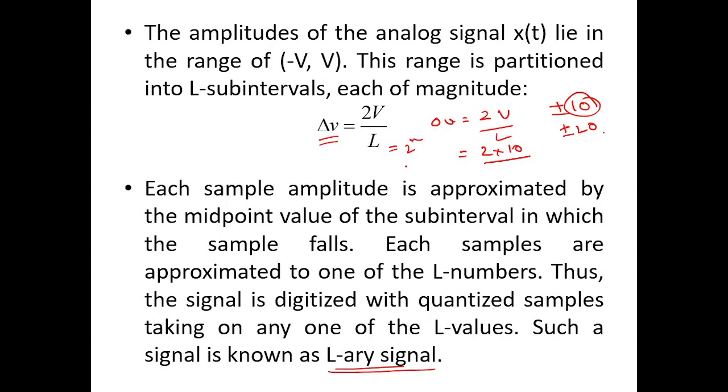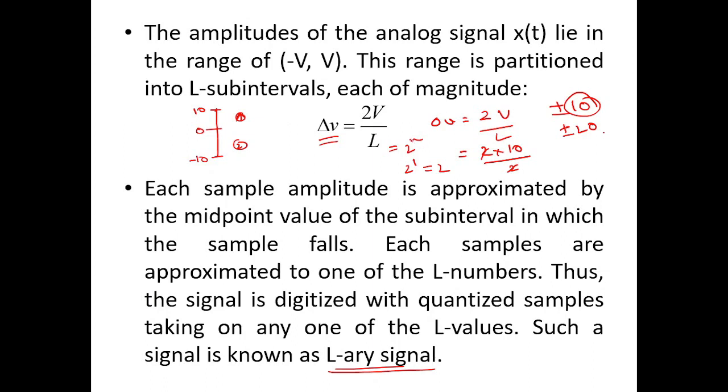So if it is 2 to the power 1, so what will happen? 2. So delta V will be 10. So if you look into this axis, minus 10, plus 10, so only 2 levels. This is 0 volt, delta V1, delta V2, only 2 levels.